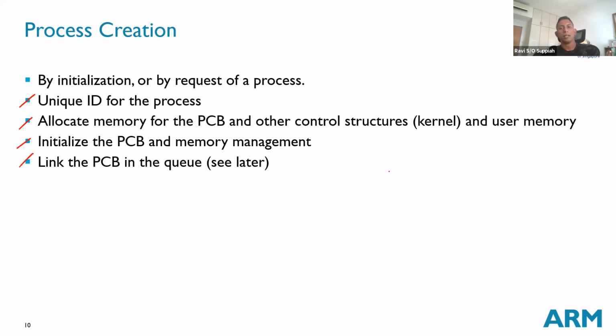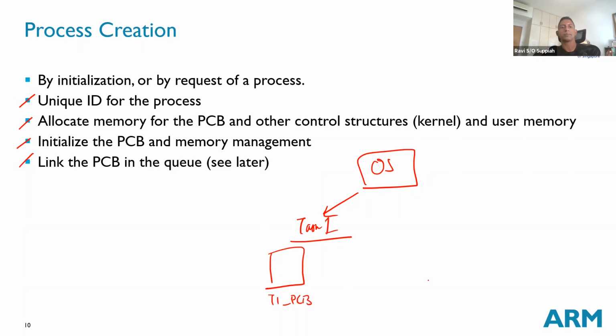That means the moment you create a new thread, so if I create a new task one, the OS will also create with it its own task one process control block.